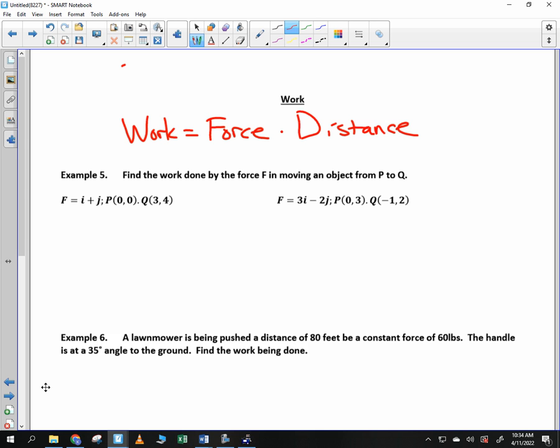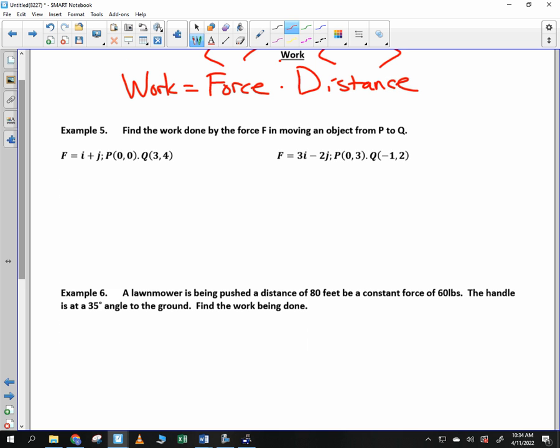So find the work done by the force by moving the object from P to Q. The force is going to be a vector, and the distance we're going to write as a vector as well. It says that we have a force of i plus j, or in other words, the force is equal to <1, 1>. And then I have a distance. If I move an object from P to Q and it goes from (0, 0) to (3, 4), how far has it moved horizontally if it's moved from 0 to 3? 3.